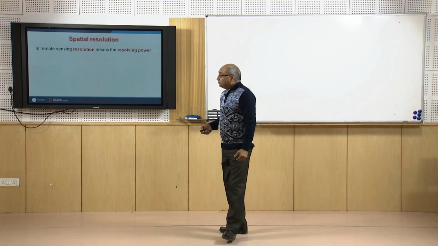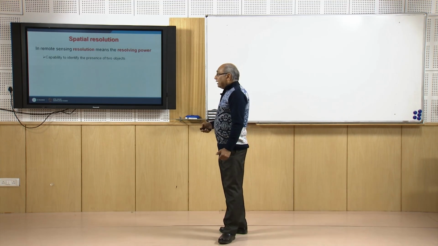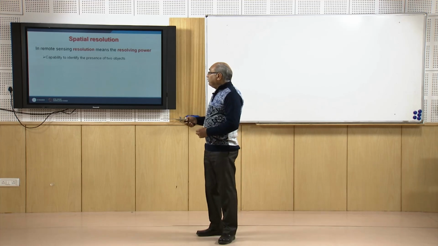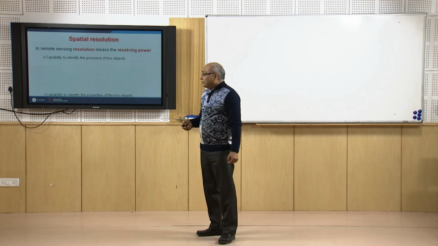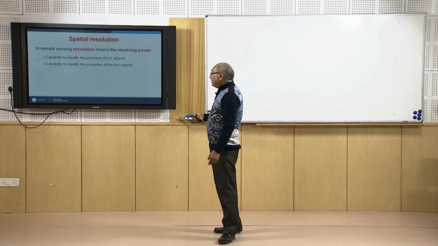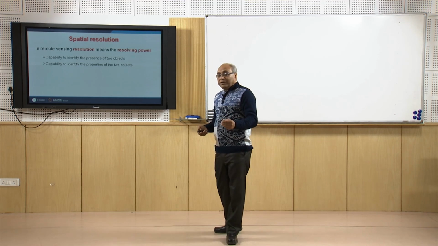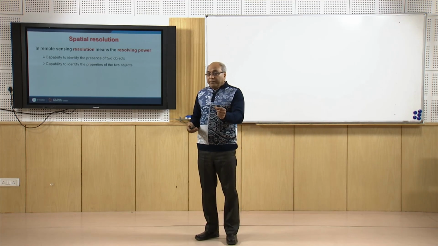Details about these. In remote sensing, resolution means resolving power, the capability to identify the presence of two objects, how nicely we can resolve these two objects. It is the capability to identify the properties of two objects and how these properties are recorded in terms of different pixel values.